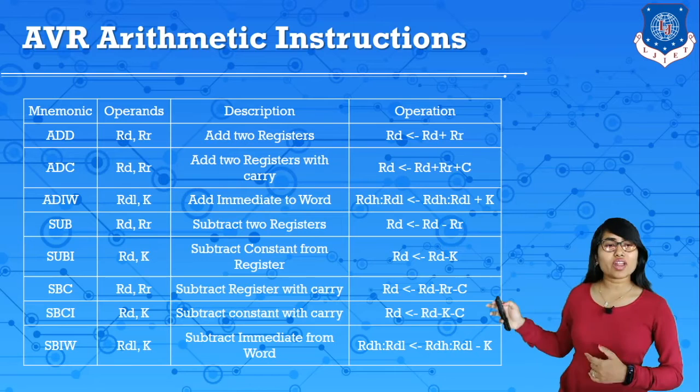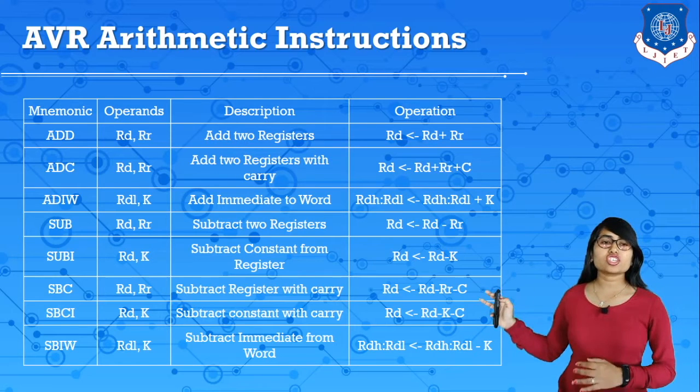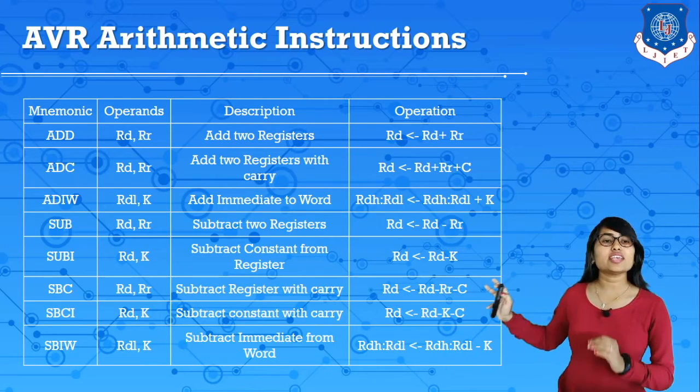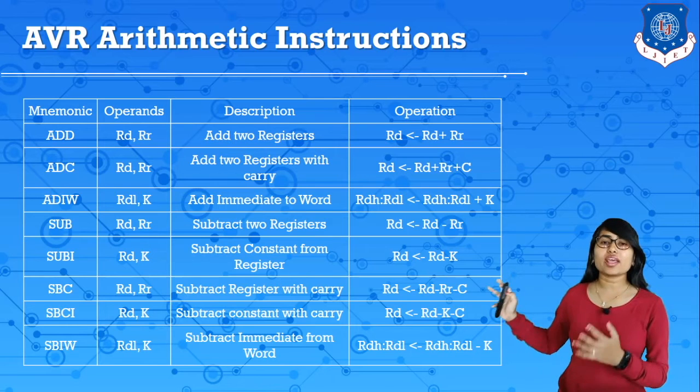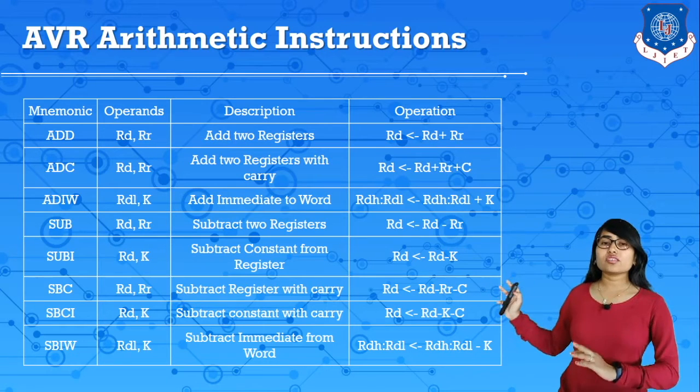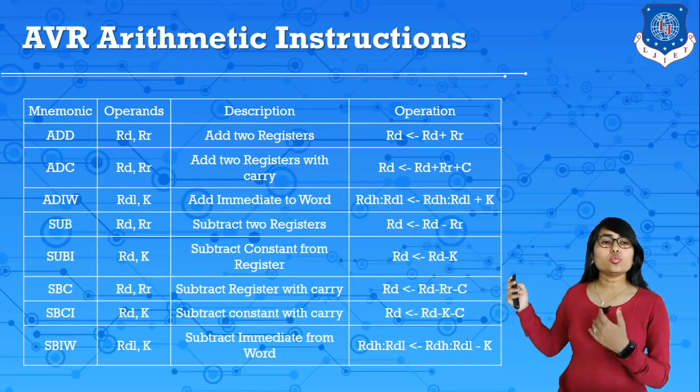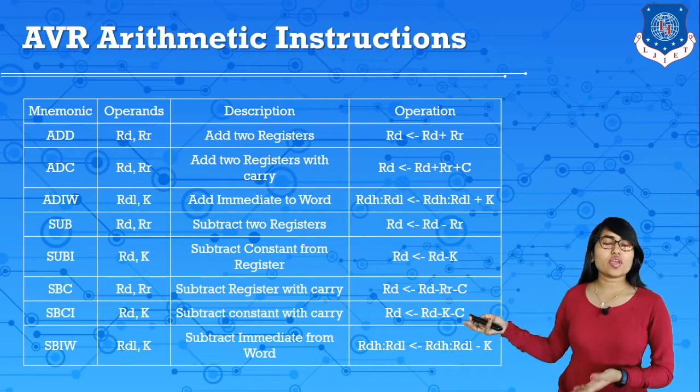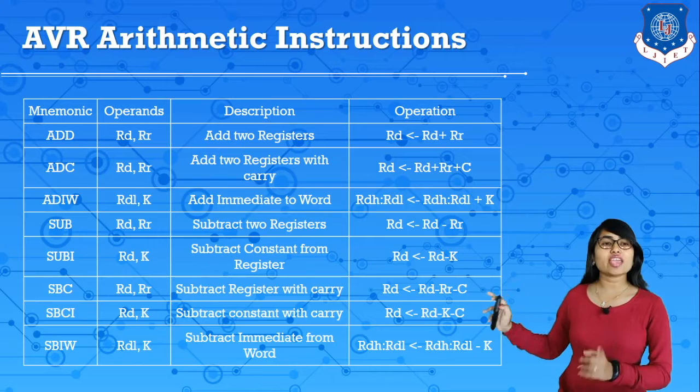Then for subtraction, to perform the subtraction of two registers, there is the instruction SUB Rd, Rr, subtract two registers. So Rd is equal to Rd minus Rr. Now to subtract a constant value from a register, there is an instruction SUBI.